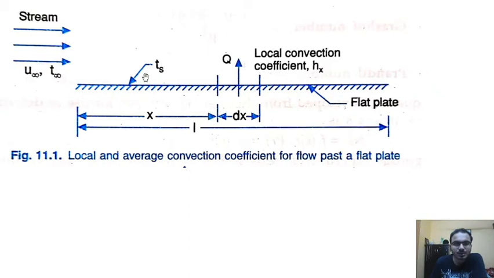The temperature of the surface is denoted as Ts. The total length of the flat plate is L, and for analysis we are taking a section of thickness dx, at a distance x from the beginning, and the heat flow direction is vertical. The local convection coefficient is given by Hx.